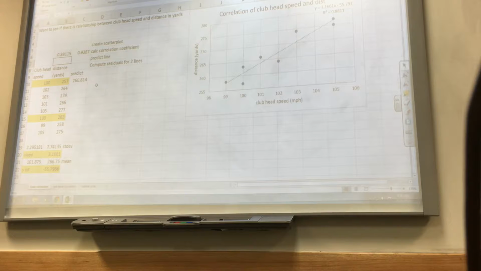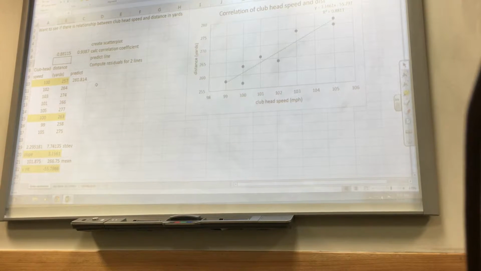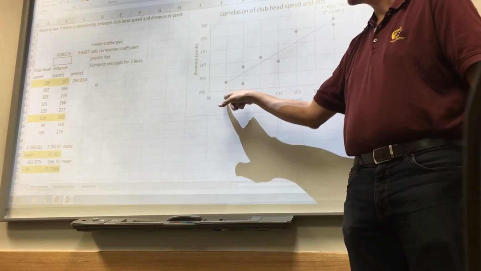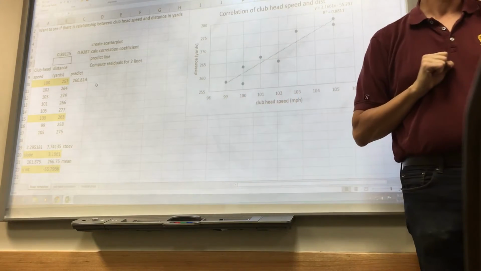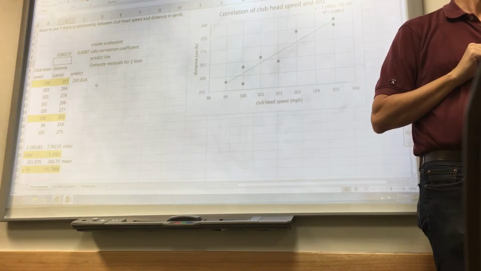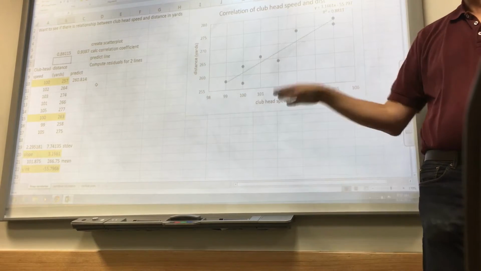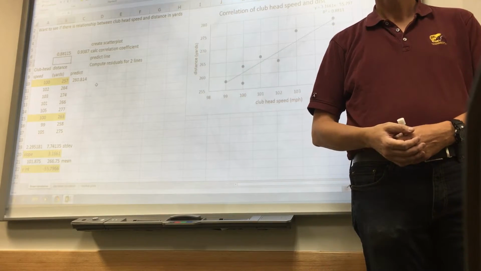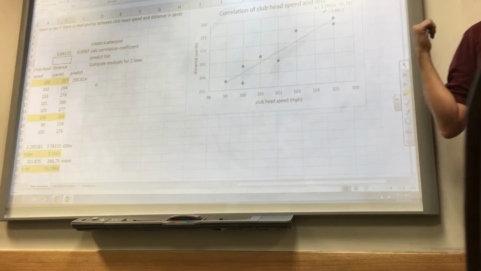So, what this means is prediction outside the range is risky. This equation works really well if you're between 99 and 105 miles an hour. It doesn't work so well at 0 miles an hour. Or even 50 miles an hour, it might not work very well. Or at 200 miles an hour, it might not work very well.